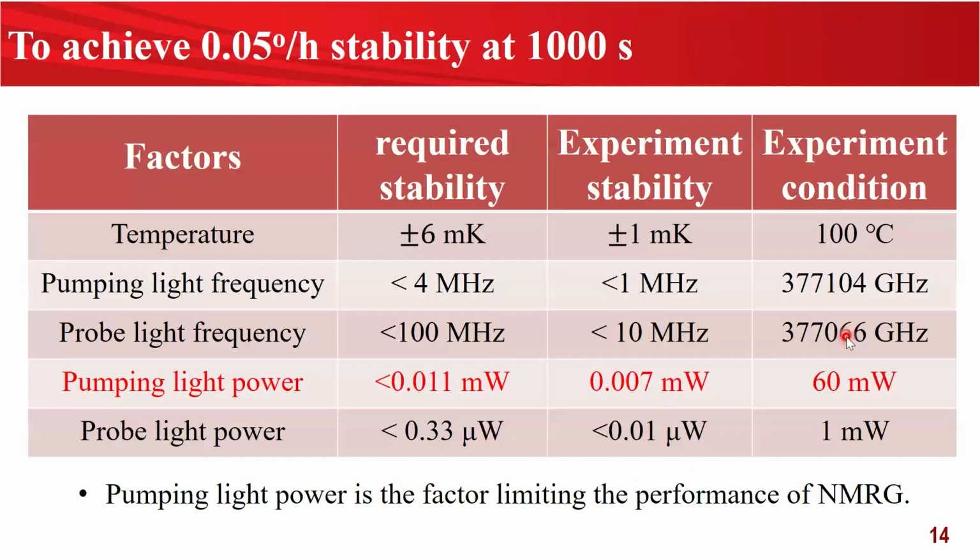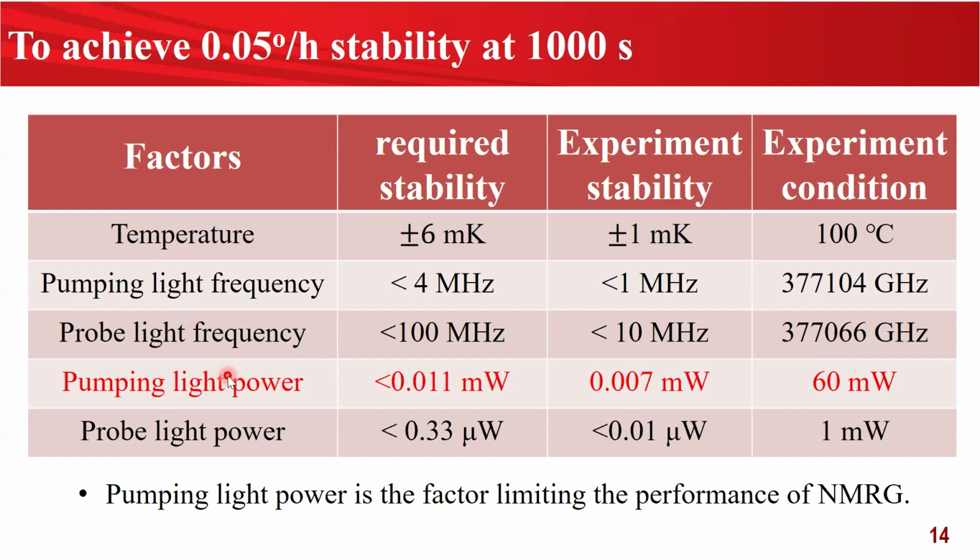So we analyzed the experimental limitations on the performance of the nuclear magnetic resonance gyroscope to achieve 0.05 degree per hour stability at 1000 seconds. We analyzed the factors including stability of temperature, stability of pump light frequency and power, and the probe light frequency and power.